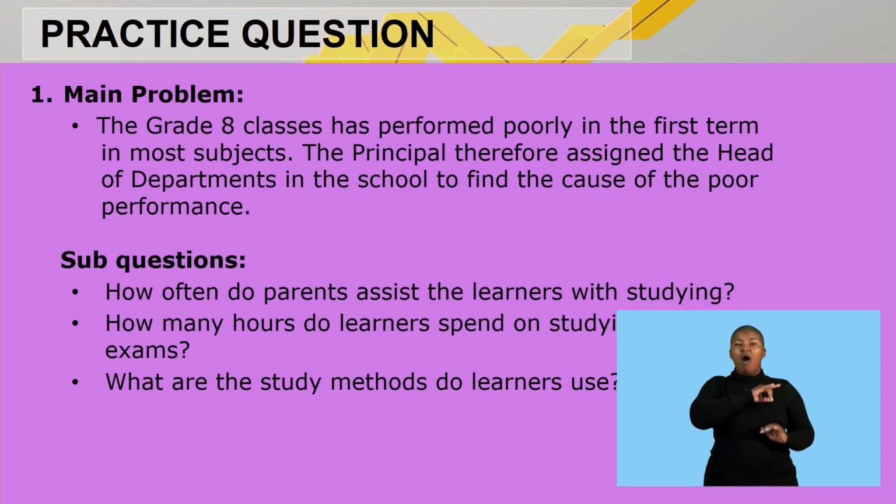So that is the main problem we are looking at. Remember we said firstly we need to have the main problem, then develop the sub-questions, which will be a guide for a researcher to find a solution or to develop a data collection instrument.